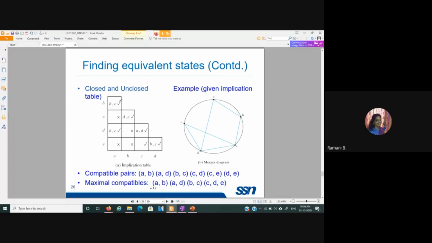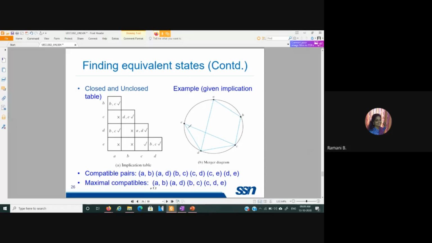From this, you have the compatible pairs as A comma B, A comma D, B comma C, C comma D, C comma E, and D comma E. All these are compatible pairs. For that, the merger diagram is drawn over here. So A comma B line is connected, A comma D, B comma C, C comma D, C comma E, and D comma E.